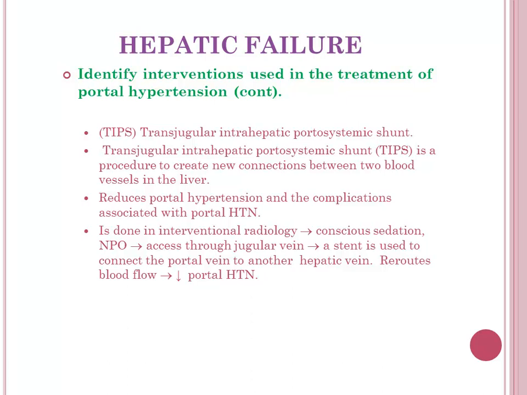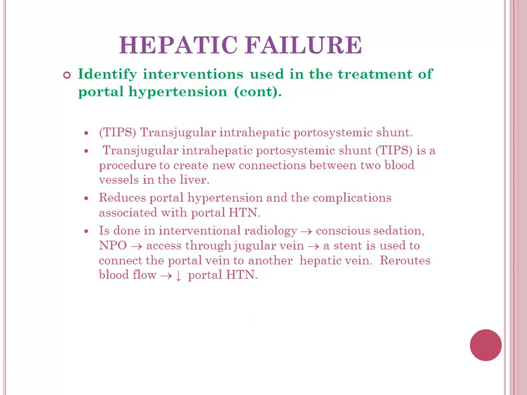And what this does is reduce the portal hypertension and the complications associated with portal hypertension. So it's kind of like creating an alternate highway so that blood can zoom through the liver and so that portal hypertension is reduced.